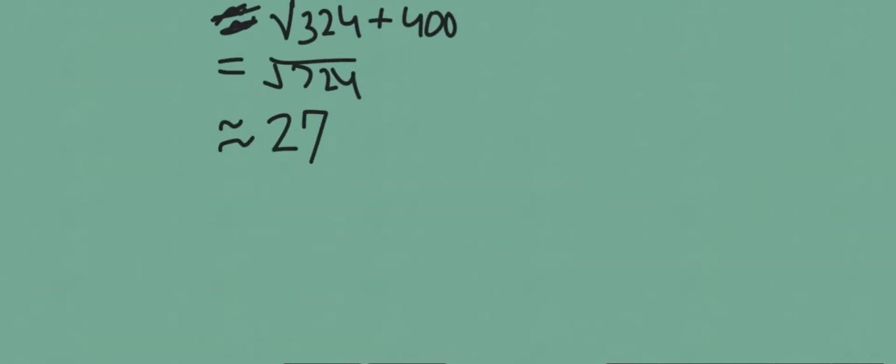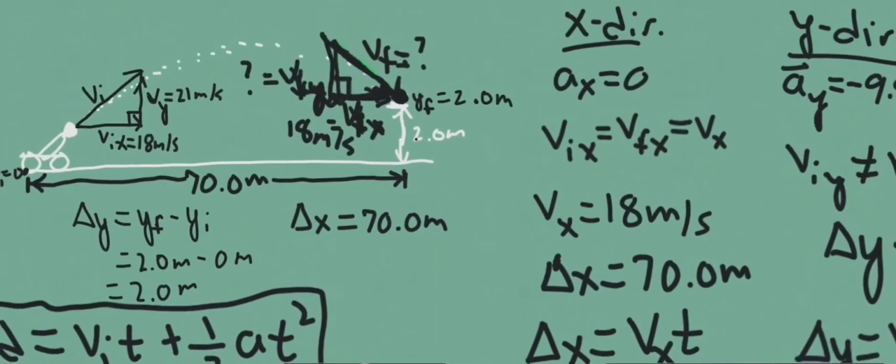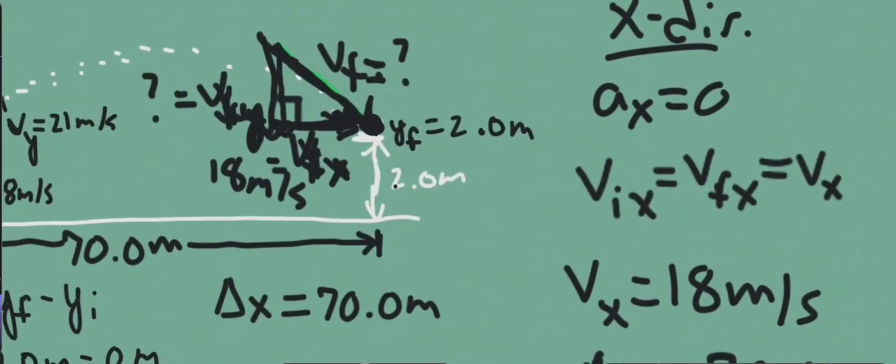Okay. So that's 27. And now for the angle, we'll go back here. And we need to find that, well, no, sorry, not that angle. It is this angle that we need to find. All right. So to find that angle, we'll just do the magnitude of the final velocity in the x direction divided by the magnitude of the final velocity in the y direction.